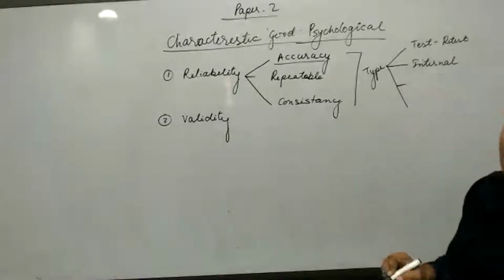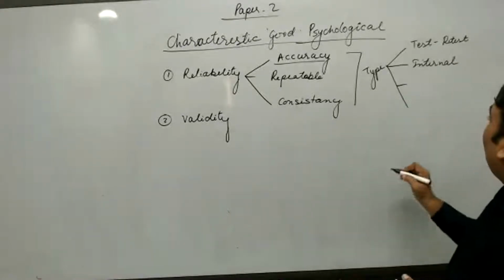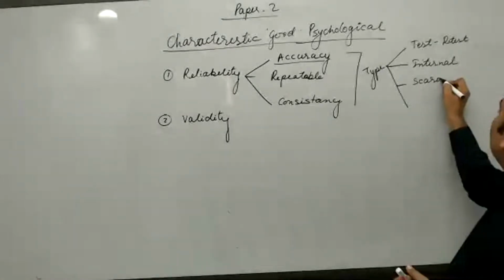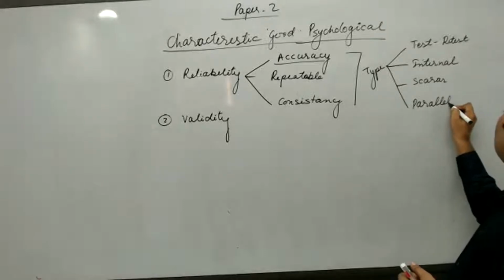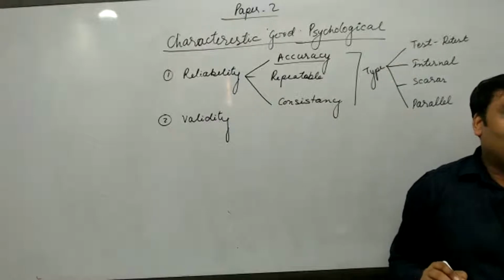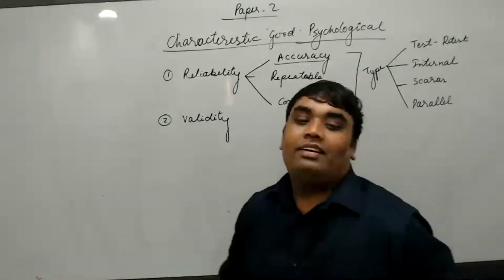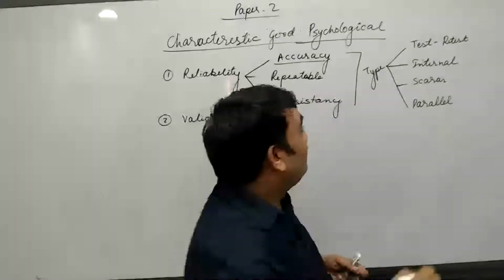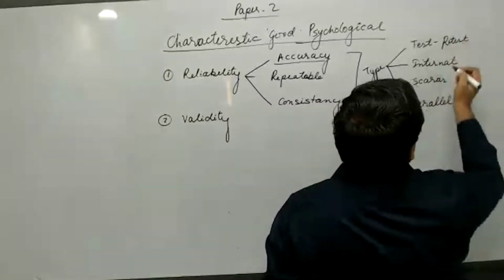Other is scalar reliability. Other is parallel reliability. So there are 4 types of reliability: scalar, internal, parallel, and test-retest. It is re rather than p. This is the retest.